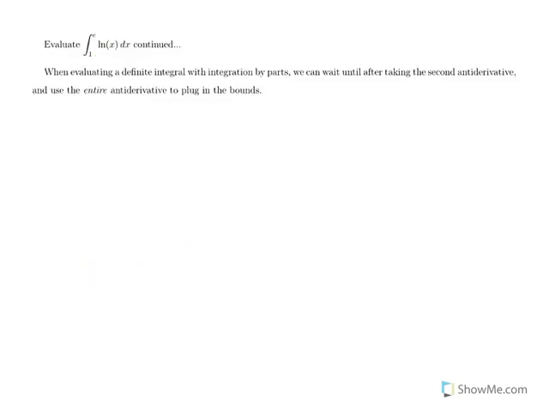So right now we have that this integral is equal to x natural log of x evaluated from 1 to e minus the integral from 1 to e of 1 dx.